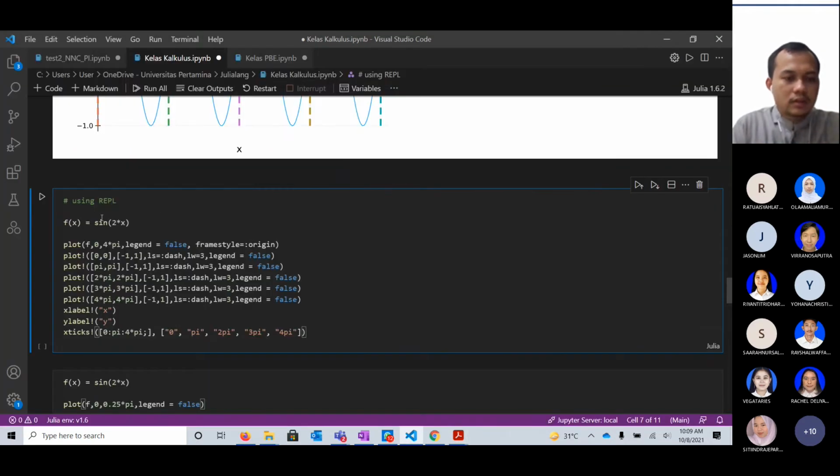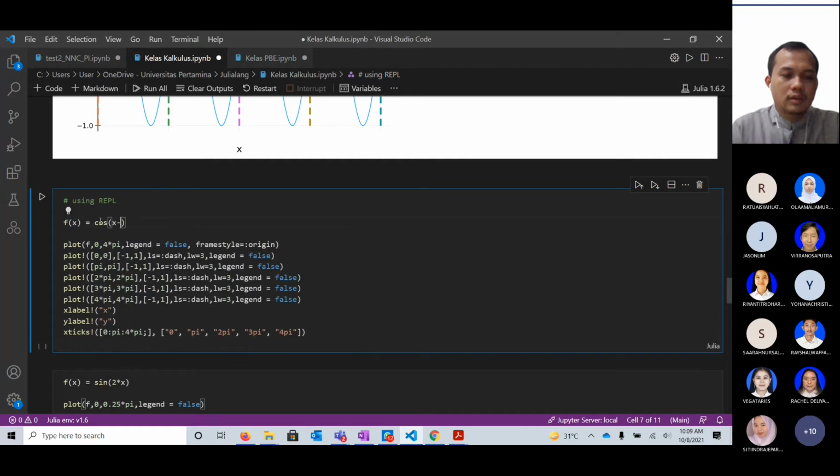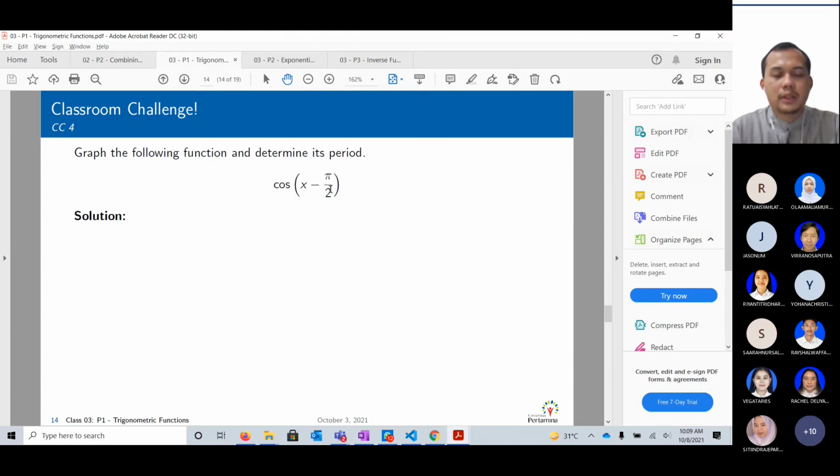Now the function is cosine of x minus pi over 2. So the plot looks like this. So this is the plot of cosine of x minus pi over 2.